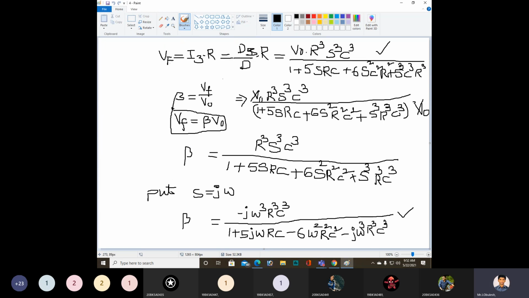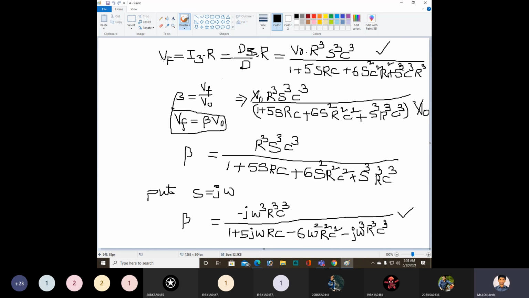So substitute that. You know the feedback voltage Vf is equal to I3 into R. I3 is equal to D3 by D, right? Substitute D3 by D instead of I3. Then you know the D3 equation. We are getting D3 by D equation, right? I need to substitute that D3 by D equation.